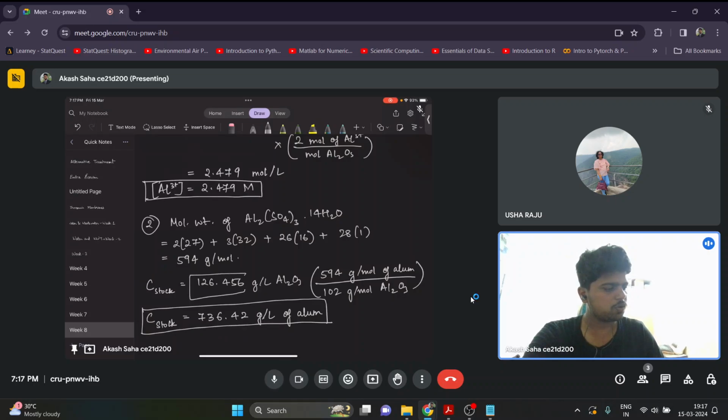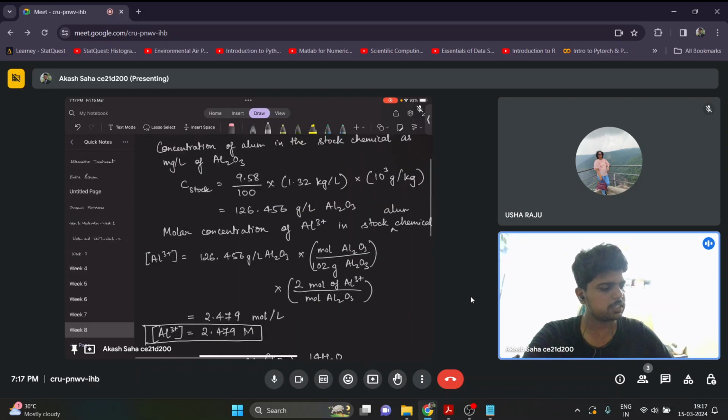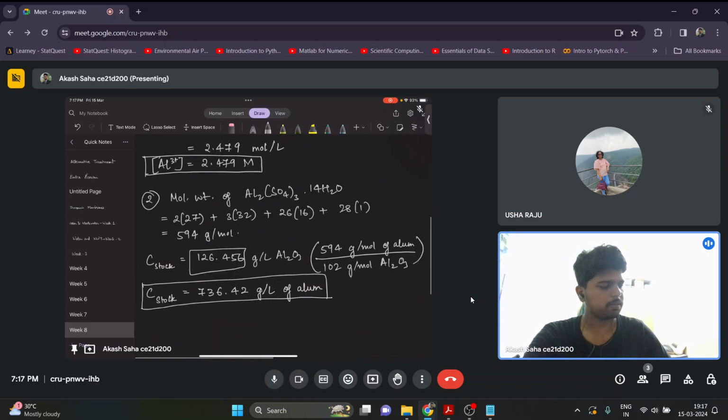So this value we got from the previous question, this C stock as Al2O3. So we used it directly and multiplied with the molecular weight of alum divided by the molecular weight of the Al2O3. So in that way, we will find out the C stock in terms of alum.